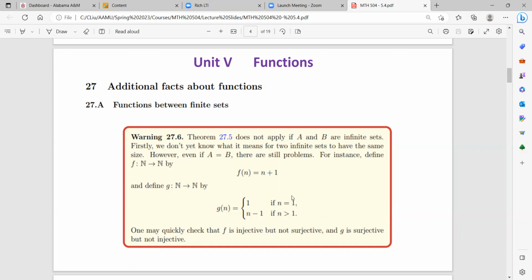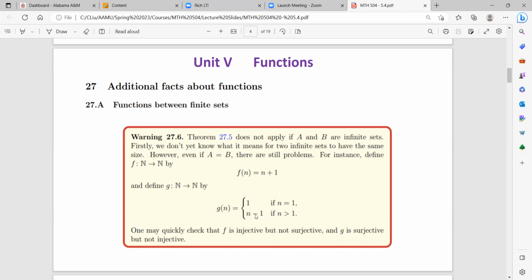You get 1 taken into account in the codomain, and if you pick any other natural number, then when n is greater than 1, you get all the natural numbers from n minus 1, right? So it is surjective, but it's not injective, because when n is 1, you get g equals 1, and when n is 2, using the second formula, you get 2 minus 1, which is 1.